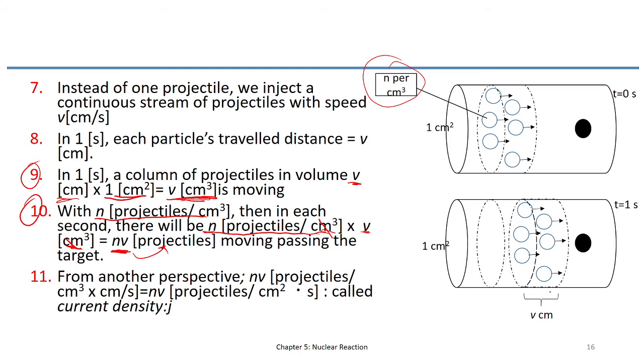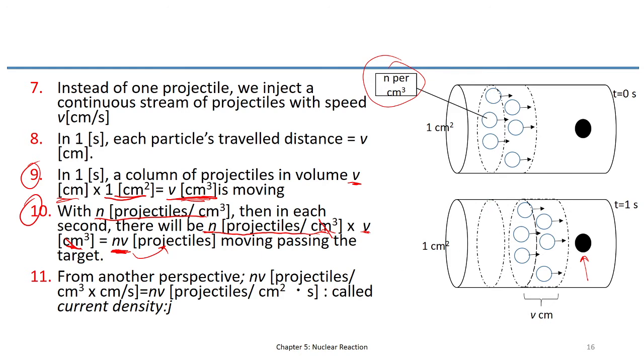If the projectile is now approaching or just before hitting the target nucleus, after 1 second we know that there are nv projectiles moving, passing the target.